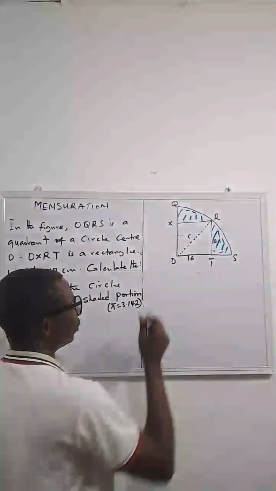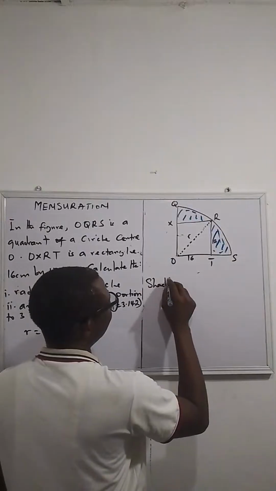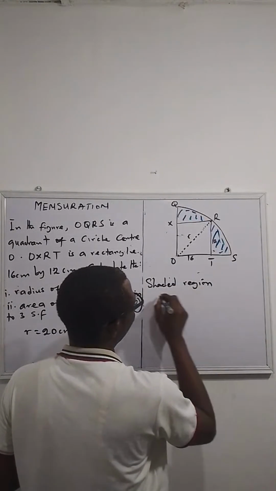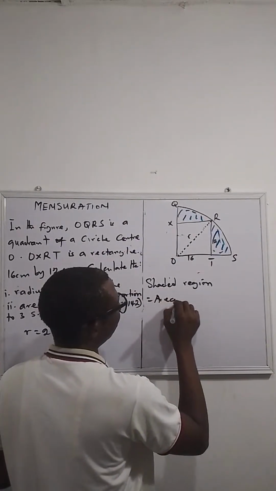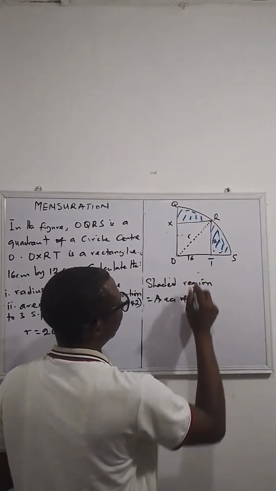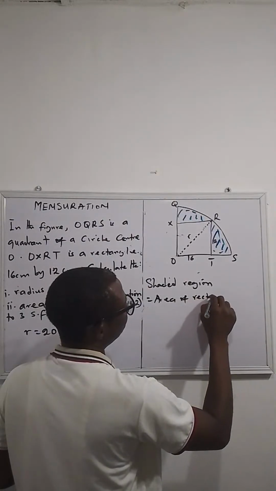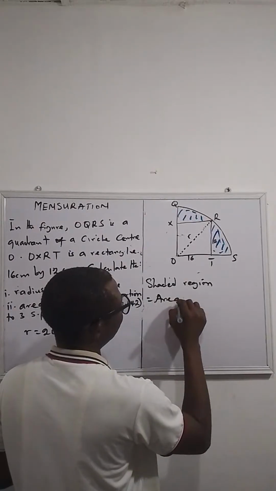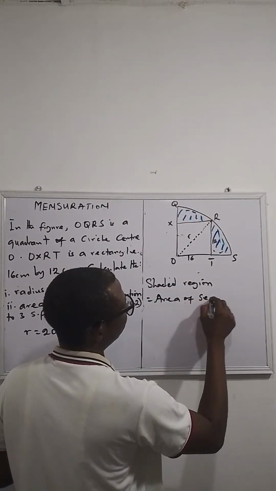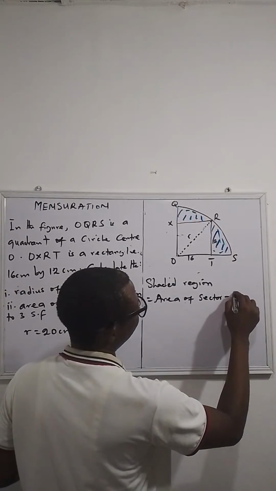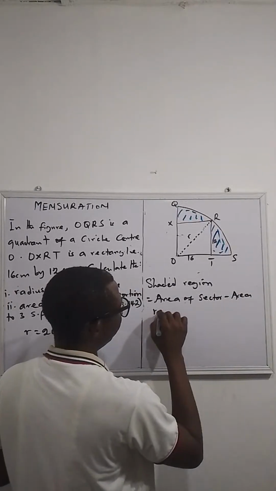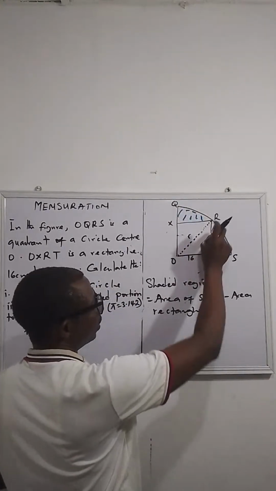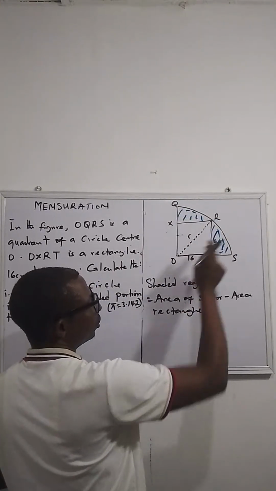So I will now write: shaded region equals area of sector minus area of rectangle. You understand that? Out of this sector, take away this rectangle, so we are left with the shaded region.